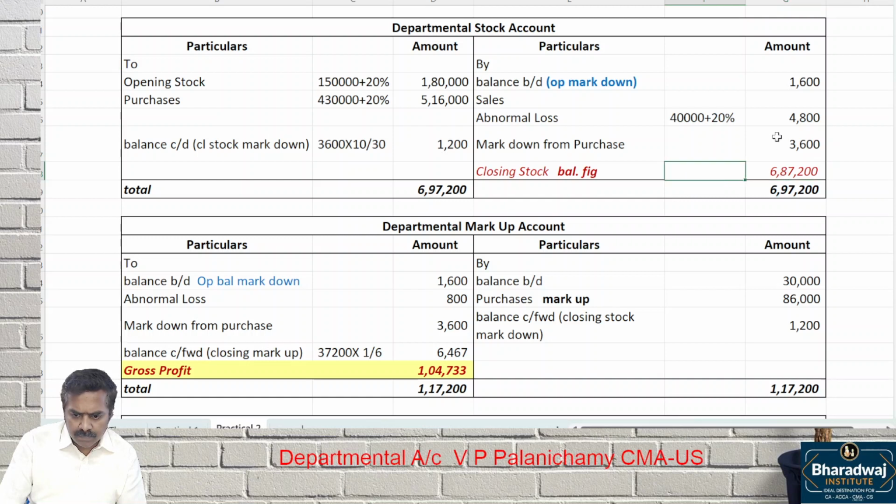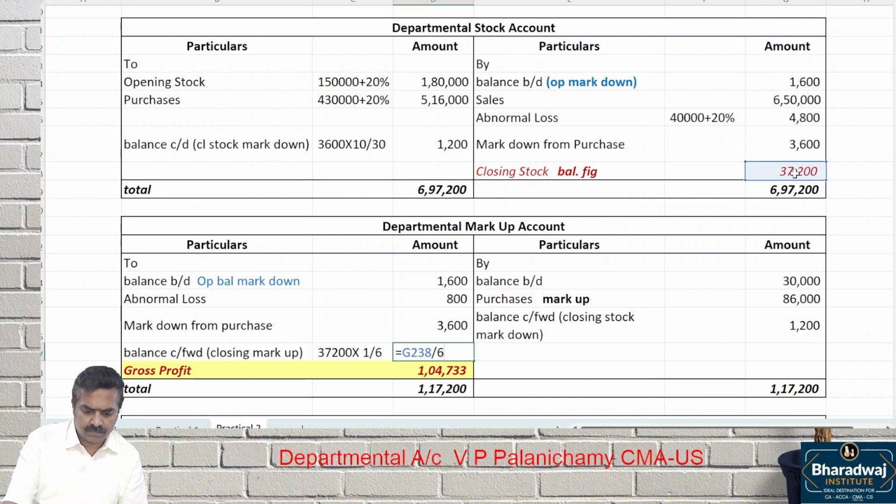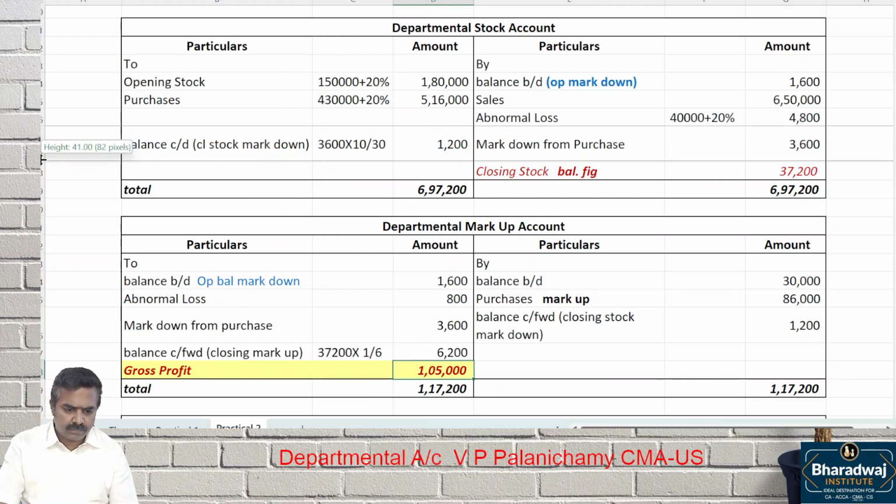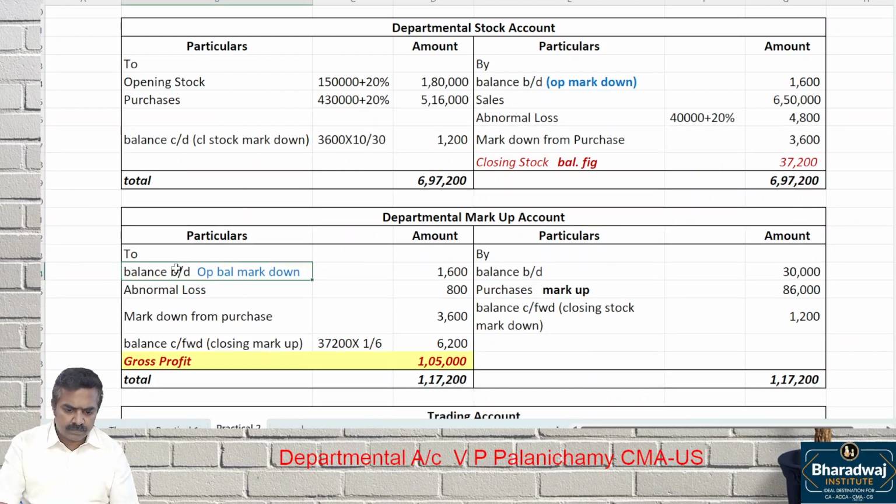Sales only 3 lakhs. 6 lakhs. 6,50,000. Prepare the trading account also next.